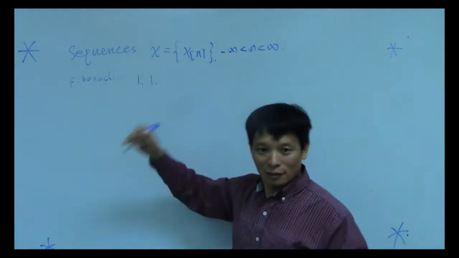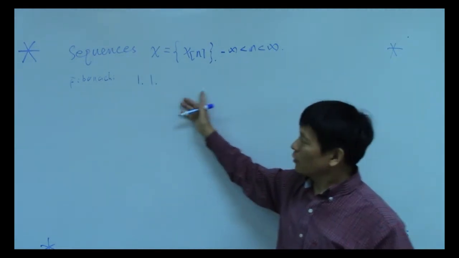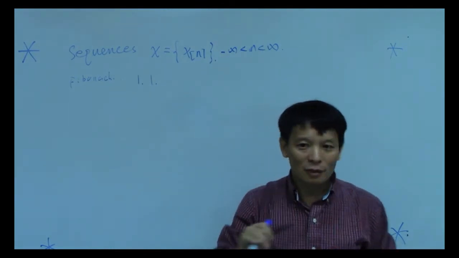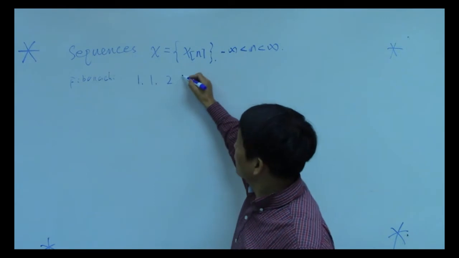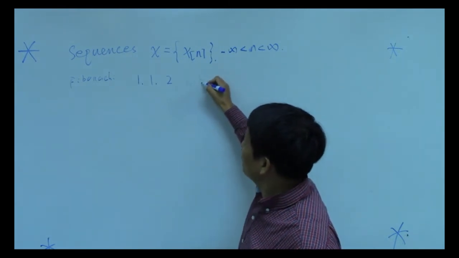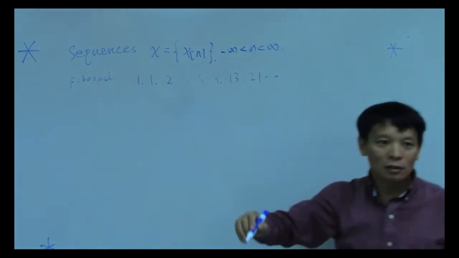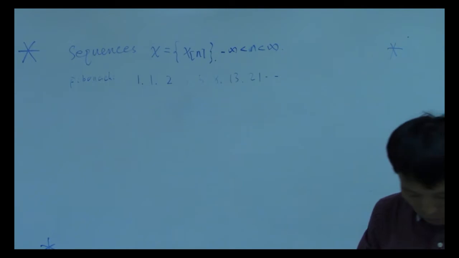The second one is 1, also by definition. Then all the following numbers are the sum of the previous two. So this one equals 2, the next one will be 3, the next one 5, then 8, 13, 21, and so on. So these are sequences.